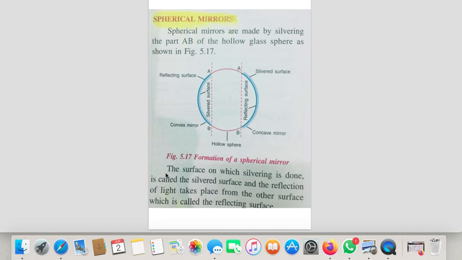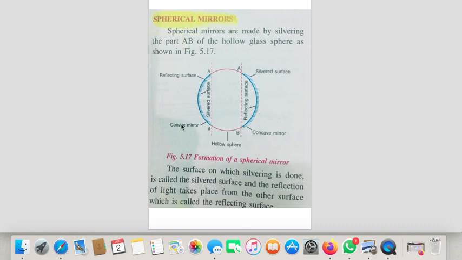So, the surface on which silvering is done is called the silvered surface, and the reflection of light takes place from the other surface, which is called the reflecting surface. If this is a spherical mirror, you can see this blue part is a part of that sphere and it is polished from inside.